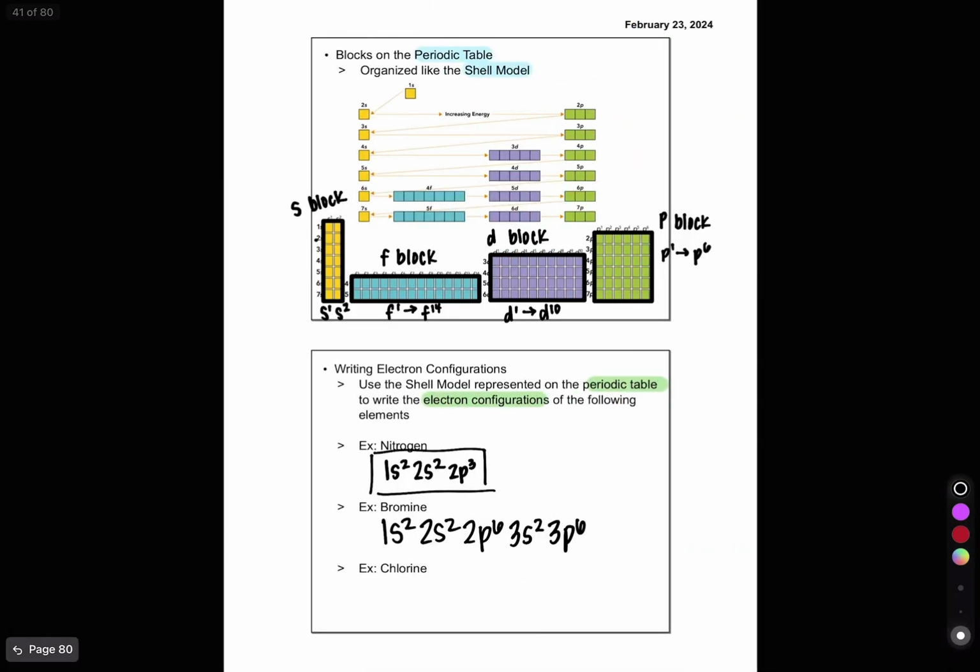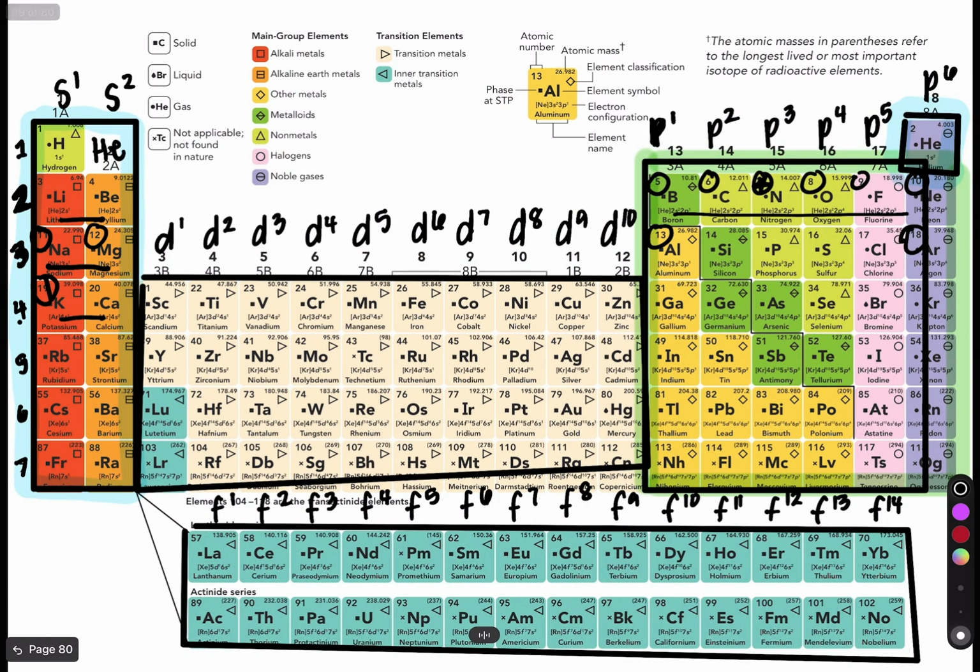And here's where things get interesting when I get to the D block. The D block has an interesting pattern. Instead of having the coefficient that is my period number, like 4D, the D block is one number behind. So this would represent 3D1, 3D2, 3D3, 3D4, so on and so forth. So this entire row right here represents the 3Ds, and there are 10 of them.